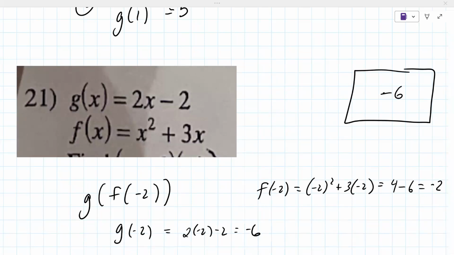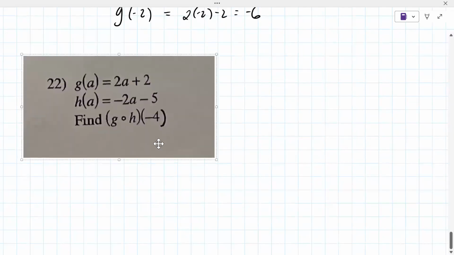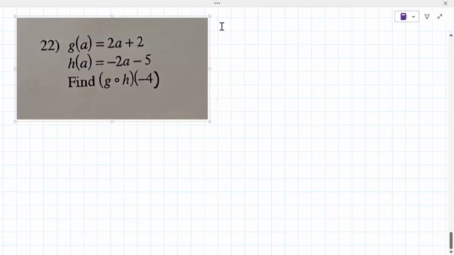Very good. Final question on this topic here. Doing really well on this. Go ahead and give that a try, please. This is weird though. I know we just did one, but you would find h first, right? Yes. h of what number? -4.